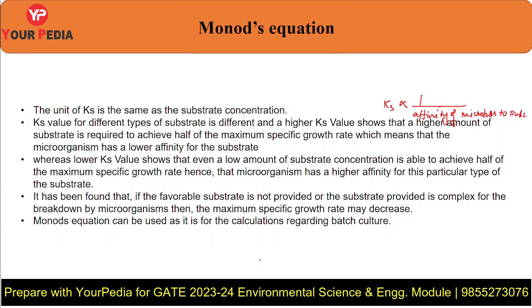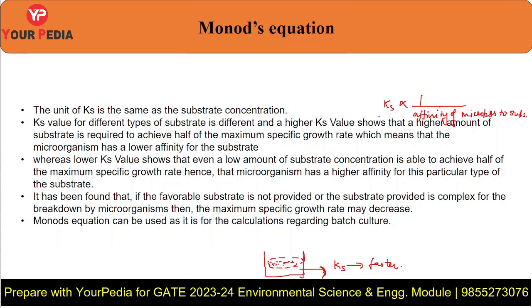In simpler terms, the simpler the food, or the most favorable food that we provide to our microbial population, they will take less time to eat it, and less time will ensure that Ks is reached faster. So good food, favorite food, faster Ks.